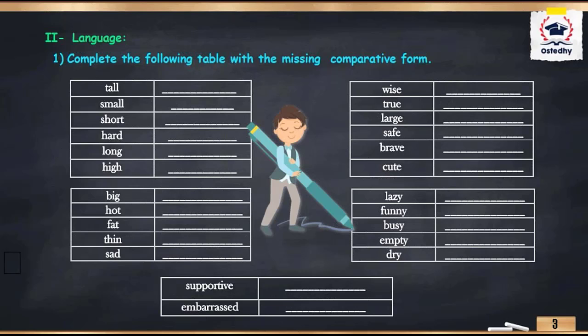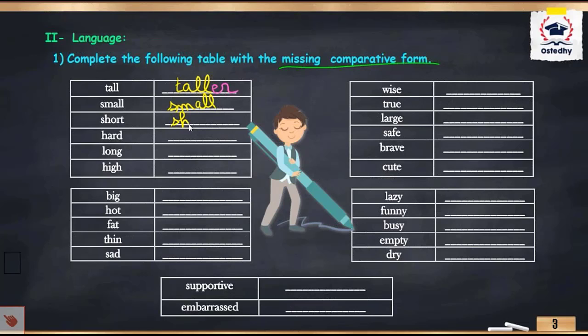Now, I'm going to move to the word tall. If I want to put it in the right comparative form, what do I write now? Taller. Exactly. So I will keep that word tall. I will simply put taller. Then what about small? Smaller. Okay, it's not difficult. What about short?